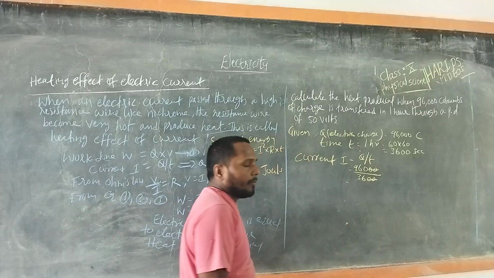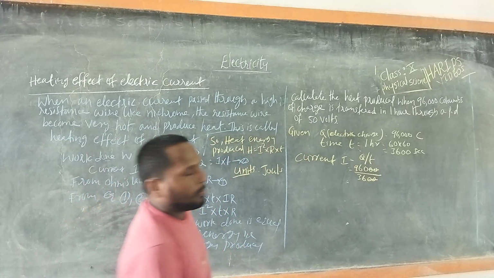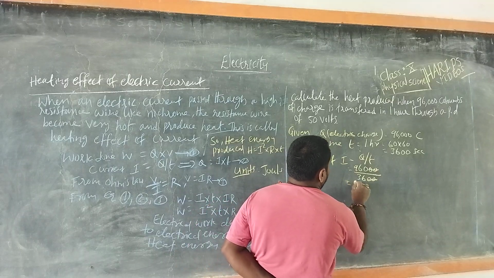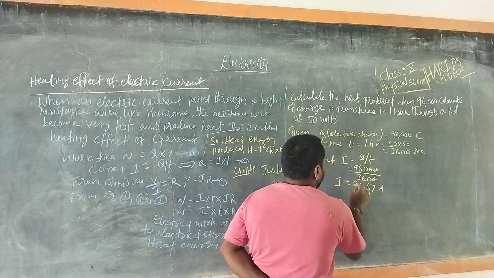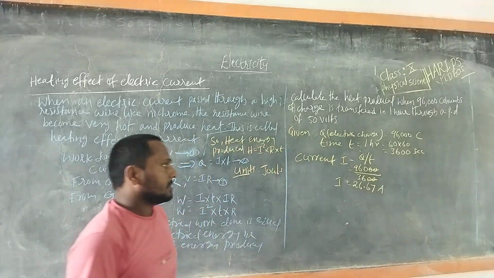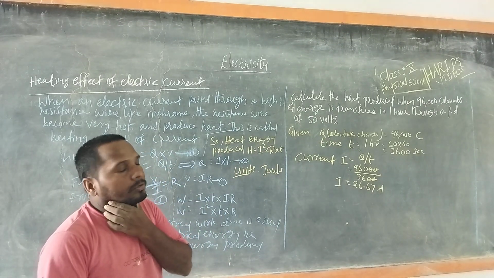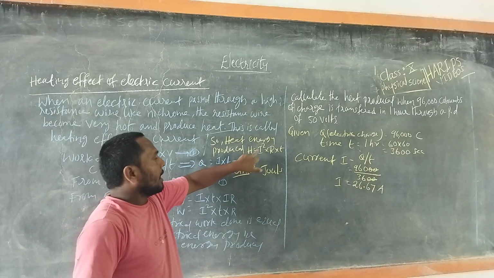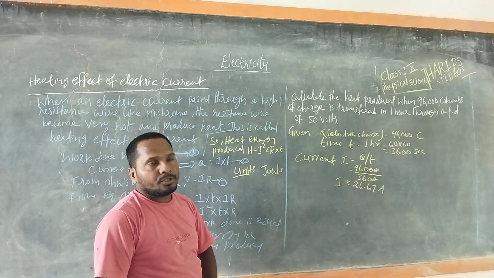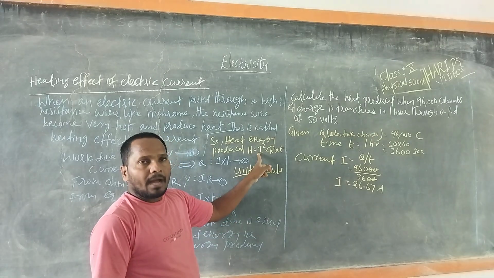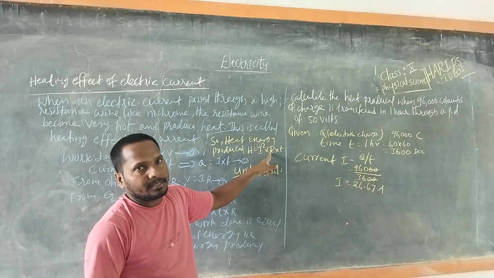Then when we simplify it, we get 26.67 amperes. Current is 26.67 amperes. Then what is the formula for heat produced? H is equal to I square into R into T. We calculated I, current. We know time. Then what is the resistance?